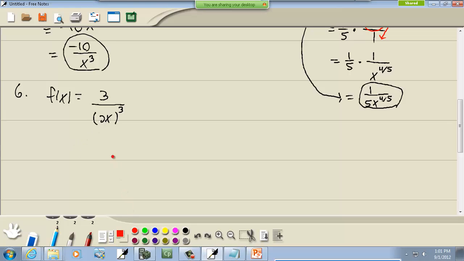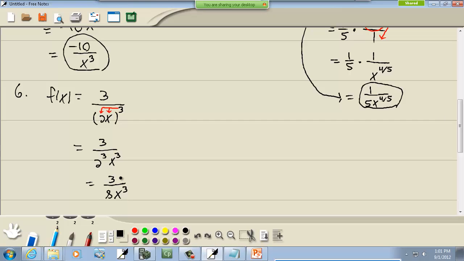Now, if everything is multiplication or division inside of your parentheses, you can take everything to that power. So here we're going to take the 2 to the third power and the x to the third power. That gives us 2 to the third is 8, and we've got x to the third.